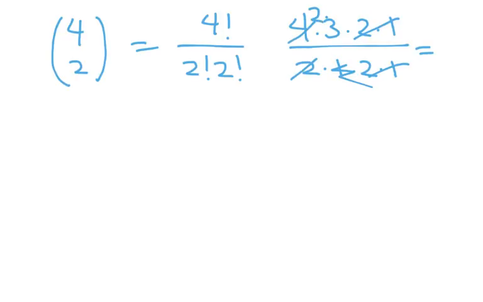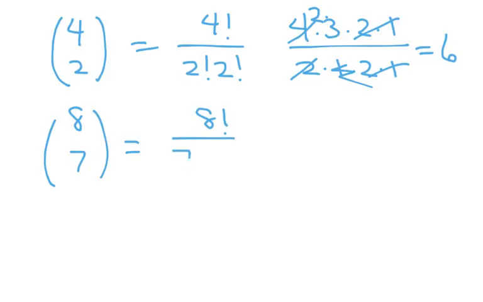So 2 times 3 equals 6. All right? And then let's do 8 choose 7. I'm doing the ones in the example book. So we're going to have 8 factorial over 7 factorial times 1 factorial, which just basically gives you 8. Because remember we did that earlier. You can work that out.